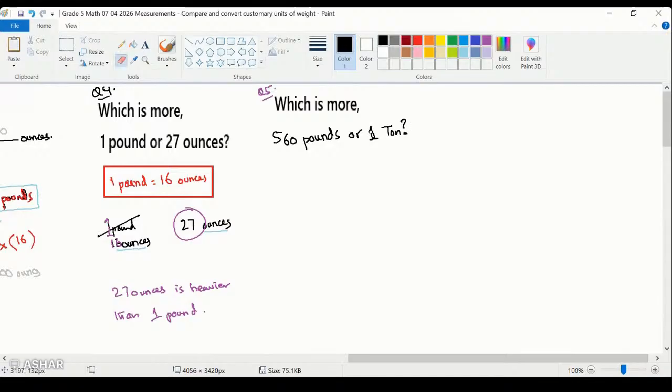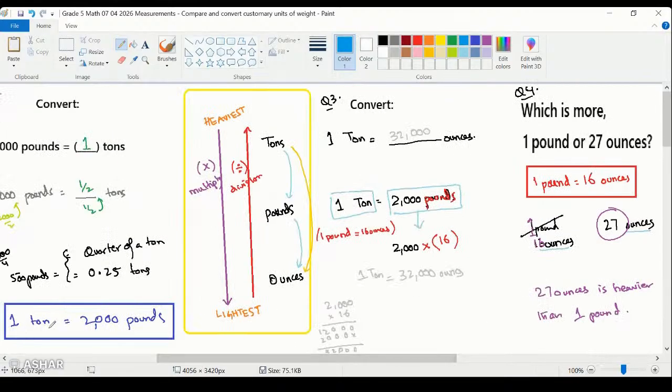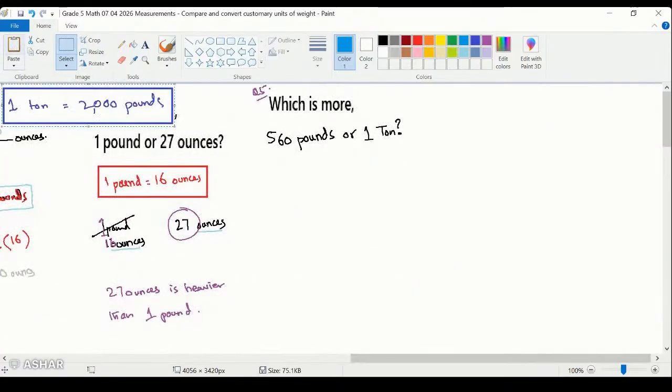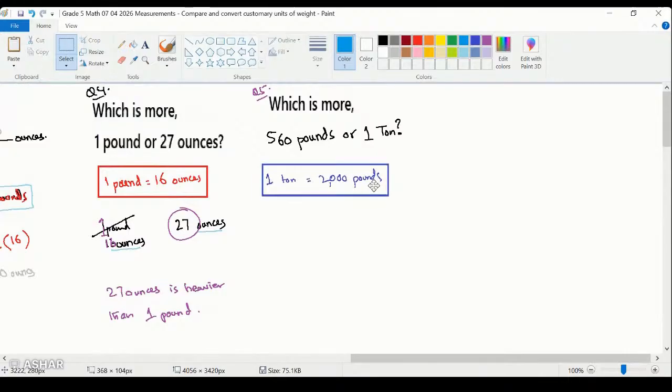A ton. The conversion between pounds and tons was, we know over here that 1 ton was 2000 pounds. Agreed? We did this previously. So we can use the same conversion over here. We can say 1 ton was 2000 pounds.